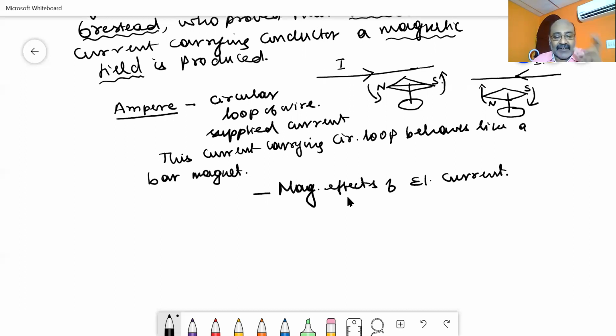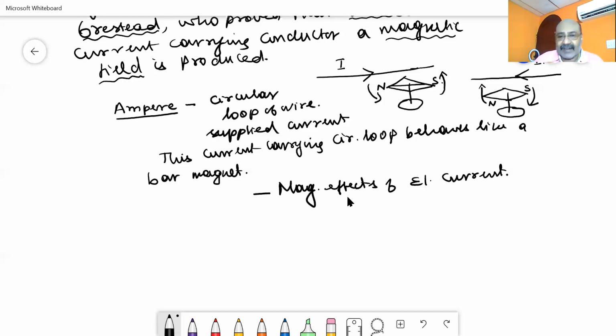The reverse effect was studied by two more scientists, Michael Faraday and Joseph Henry. These two started to study whether you can get electrical current from a magnetic field.